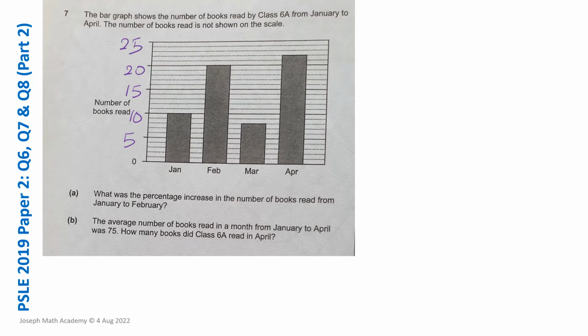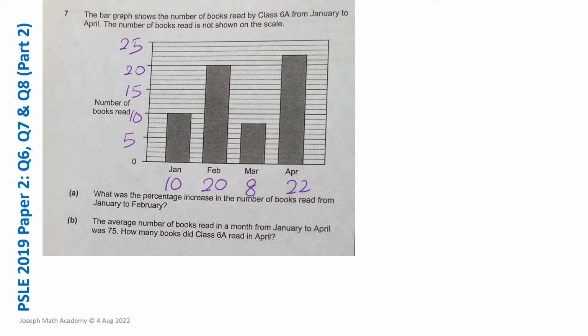Now, January is 10. So 10 books were read in January. February is 20. So 20 books were read in February. For the month of March, it is 8 units. Okay? And for the month of April, it is 22 units.